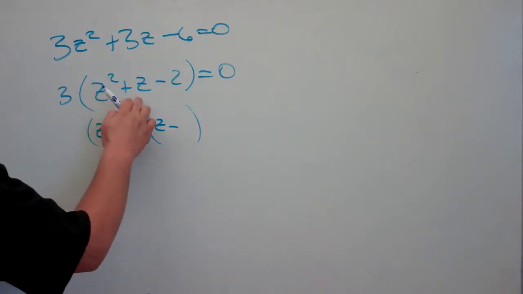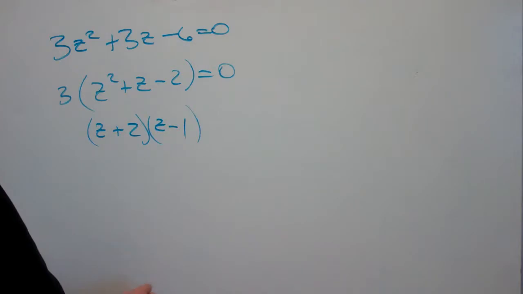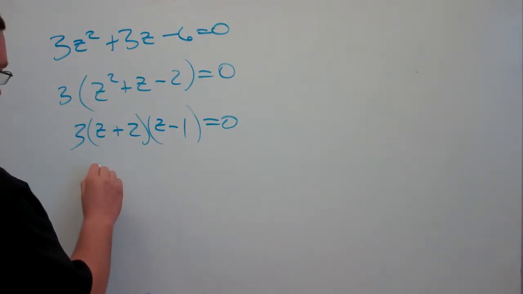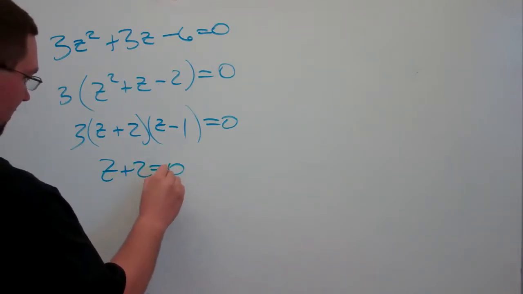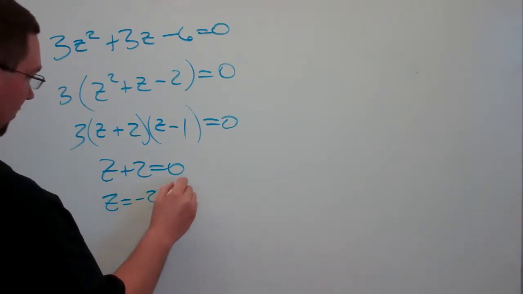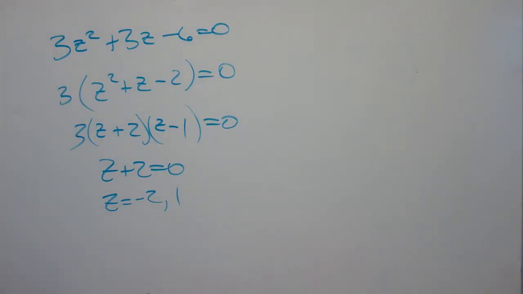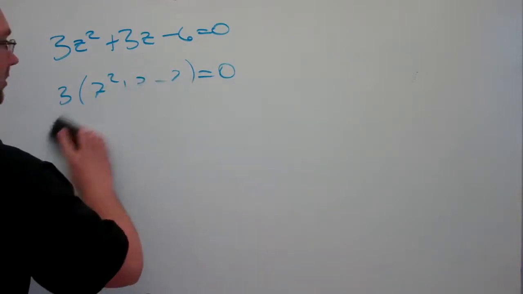We know our largest one has to be positive. So there we go, equals 0, although the 3 is kind of irrelevant at this point. So set z plus 2 equal to 0, so z equals negative 2. And when you set this equal to 0, you get a positive 1. So the answer is A, 1, negative 2. Alright, let's keep going.